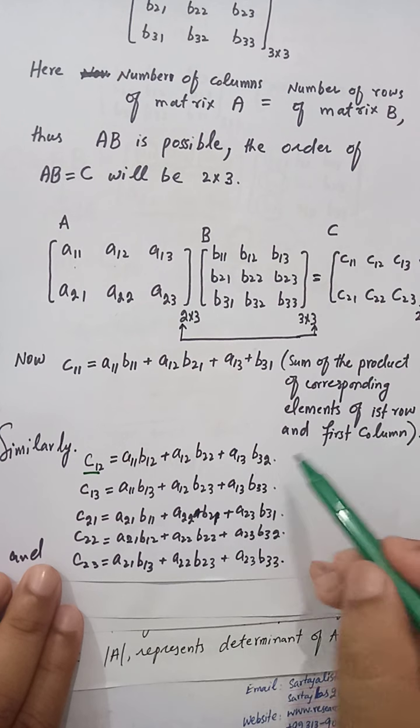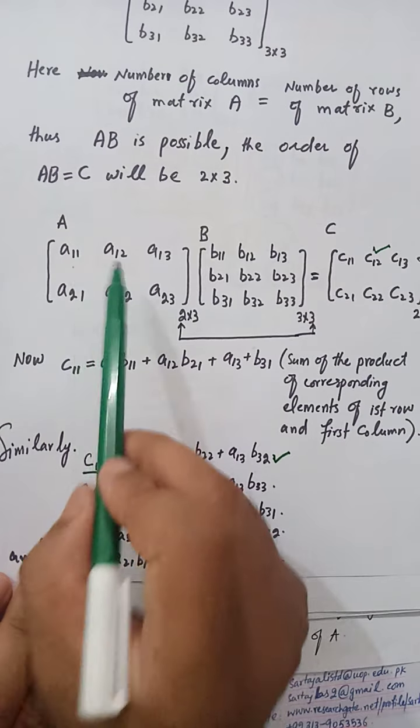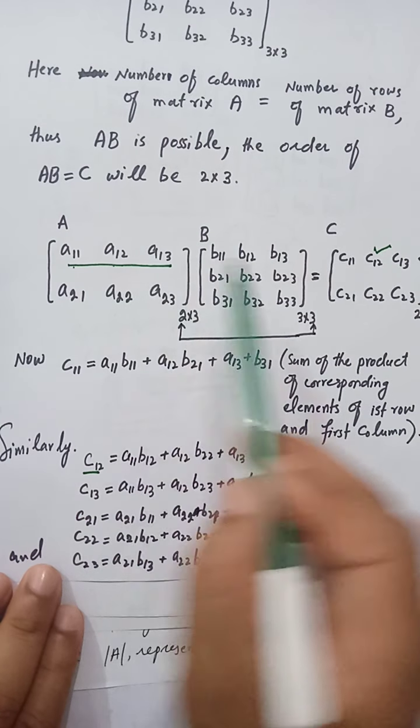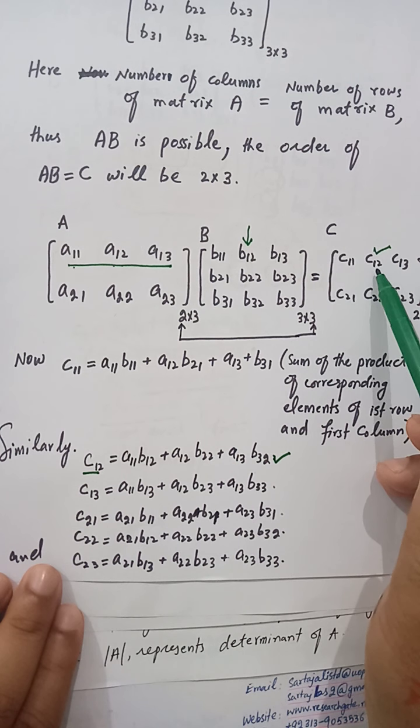From here you can get this element, because here you are multiplying the first row with the second column, so you will get the element of the first row and second column.